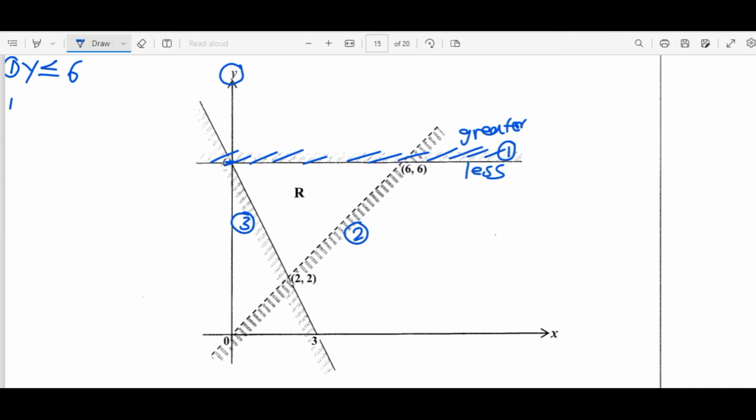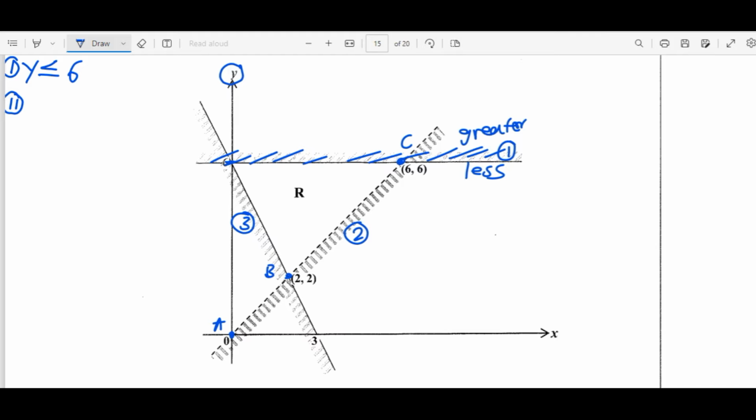Now we move on to inequality number 2. For inequality number 2, we have a slanting line. I'm going to call this point A, this point B, and here is point C. A, B, and C all lie on the same line, so you can choose any 2 points of your choice and you're going to have the same answer.